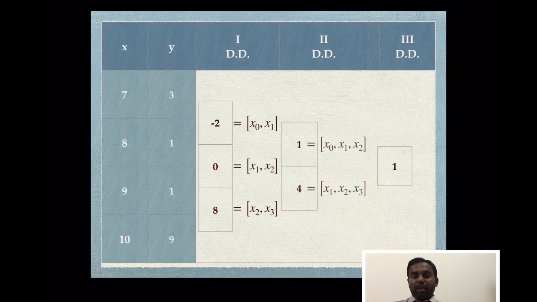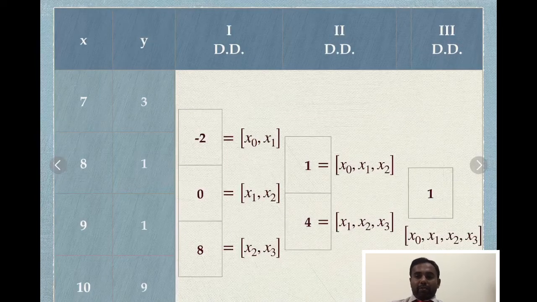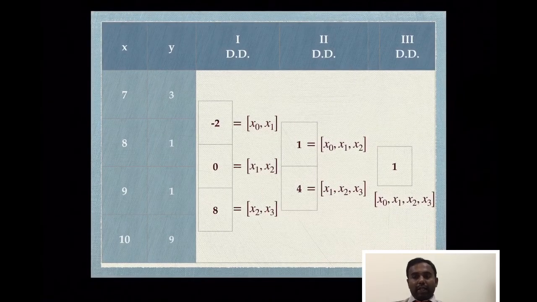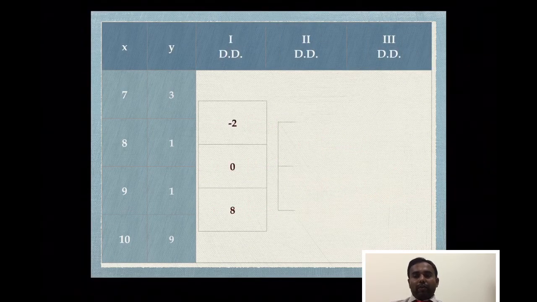One more interesting observation is that in the last term we have all the values of x, starting from x0, x1, x2 and x3. So that is the perfect ending point for the divided difference table. So finally, the divided difference table is minus 2, 0, 8, 1, 4 and 1 being the third divided difference.